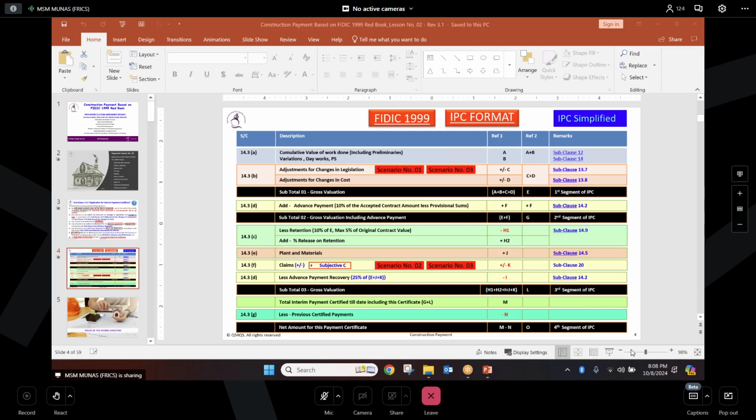If you are changing this to a lump sum contract, then 12.3A1, 2, 3 is fine. You can go ahead because it is a fixed quantity. But if you want to continue with the measure and value contract, then you have to amend this 1, 2, 3, because it is not the right sub-clauses for them. You understood, no? Yes. Thank you.